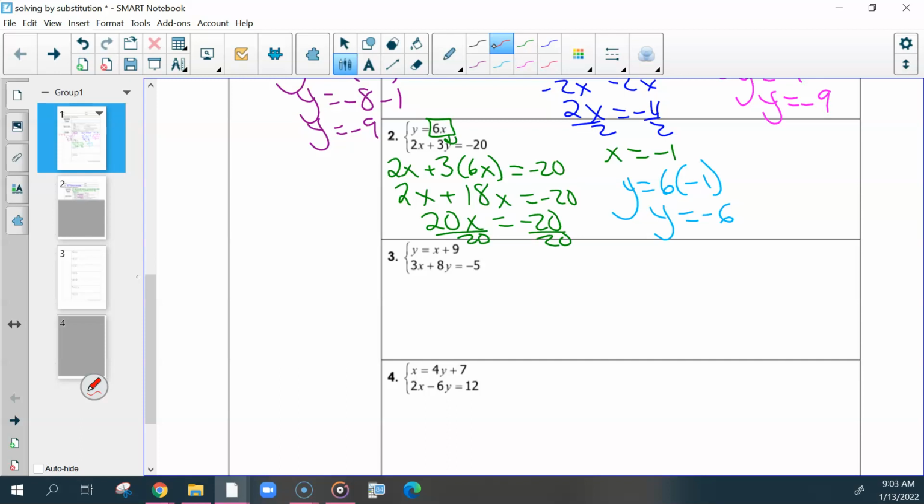For the y, I heard part of that, but not all of that. Where would I put the what? Originally? In for this one. So our ordered pair would be -1, -6.